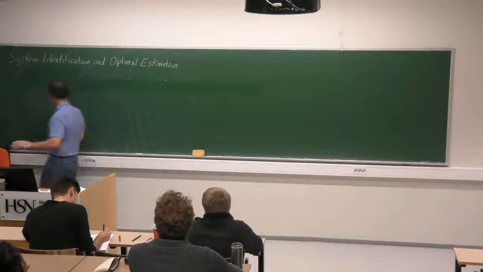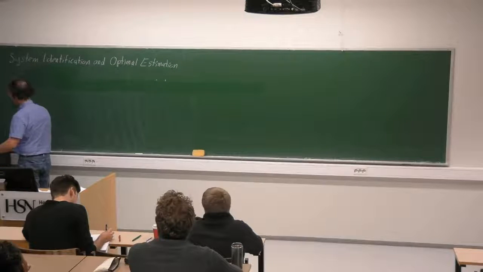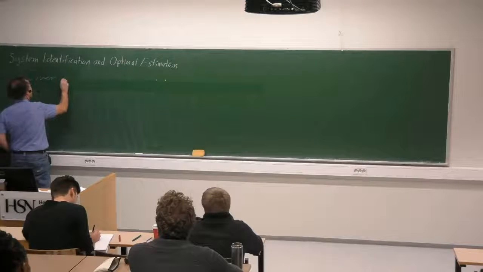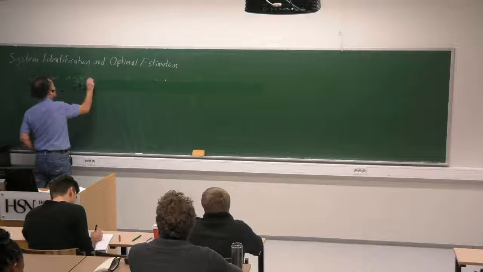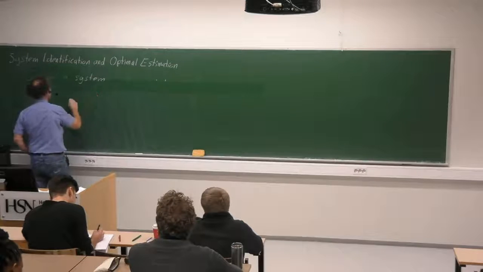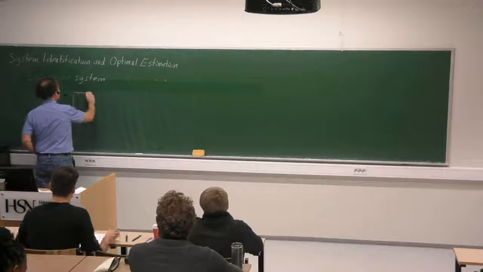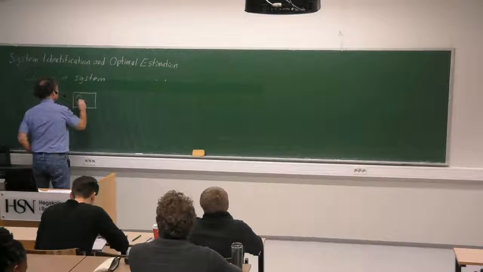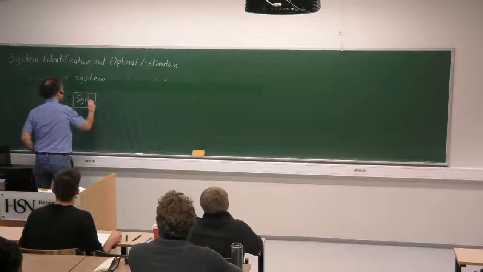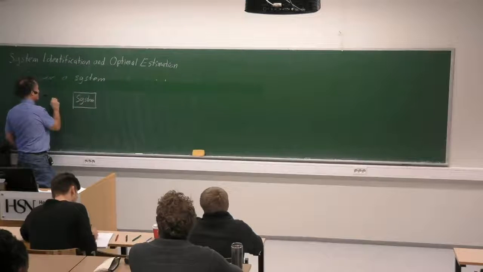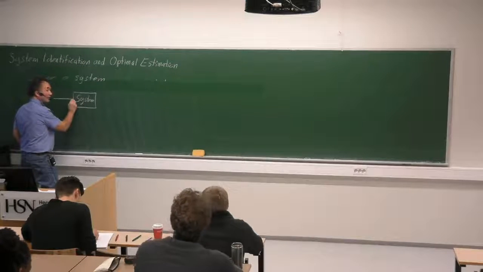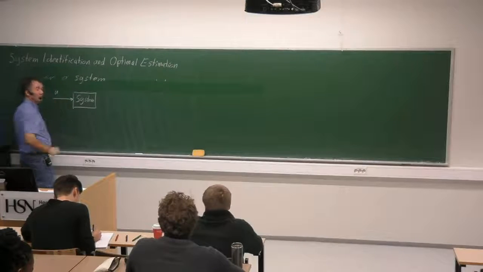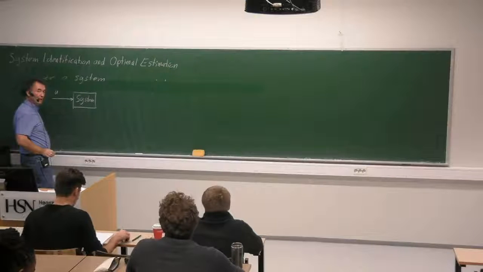So let us take a look at the system. Very often I think about the system as a black box like this, with some variables we can influence, input variables called u, and this u may be a vector.